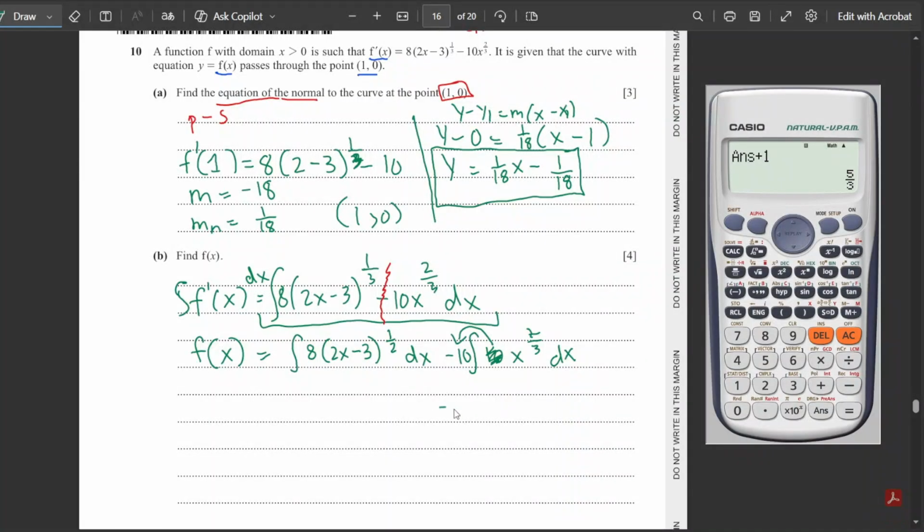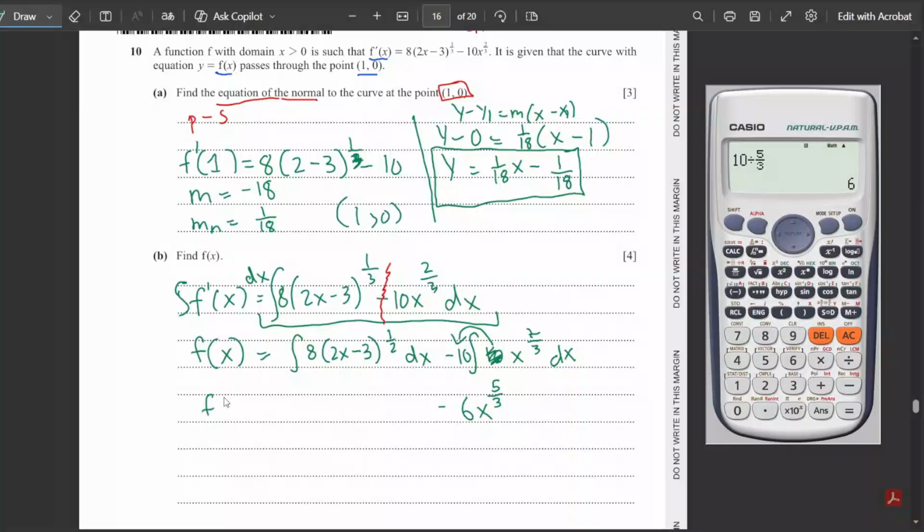So it's going to be negative 10 x to the power 5 by 3 over 5 by 3. And so what's 10 divided by 5 by 3? That's going to be 6. So I can simplify all of this to 6x raised to the power 5 by 3.